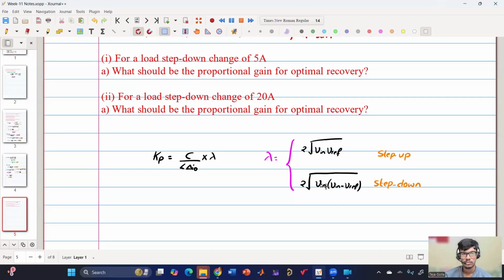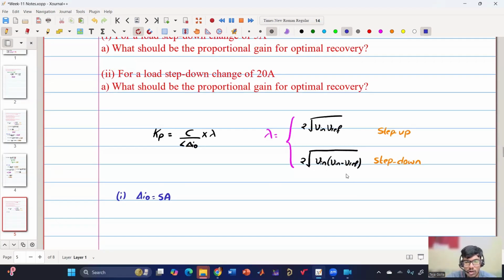Yes, sir. How much are you getting? So 3.67 into 10 power 5. 10 to the power 5.